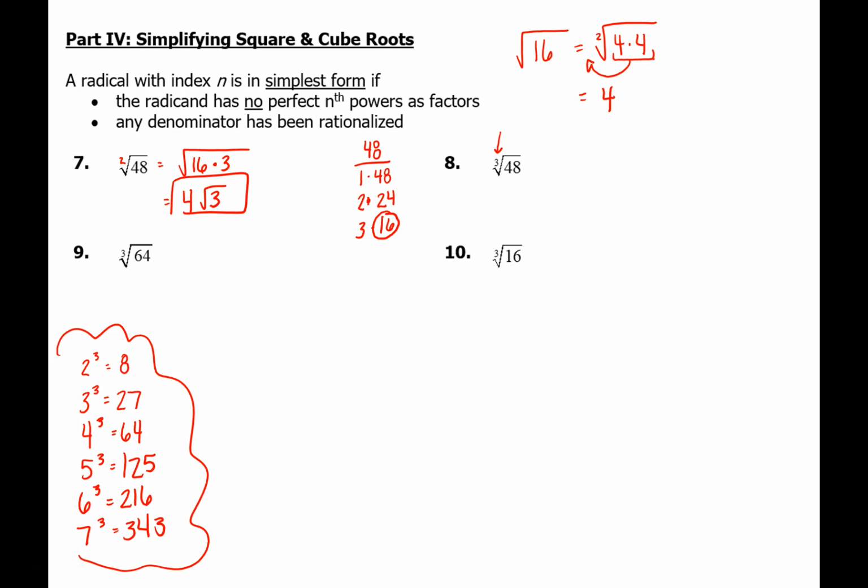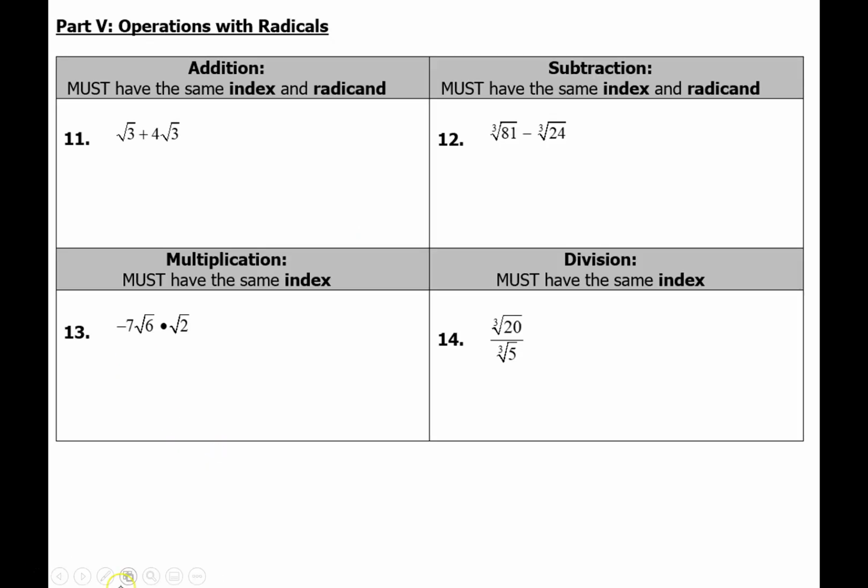We're going to do the same thing that we did for square roots with our new cube root. So I'm going to write 48, and I'm going to start listing out factors, but this time I am looking for one of these perfect cubes because this is a cube root, not a square root. In number 7, I was looking for a number I could take the square root of, but now I'm looking for a number that I can take the cube root of.